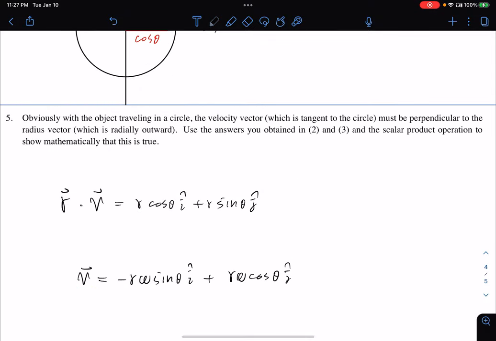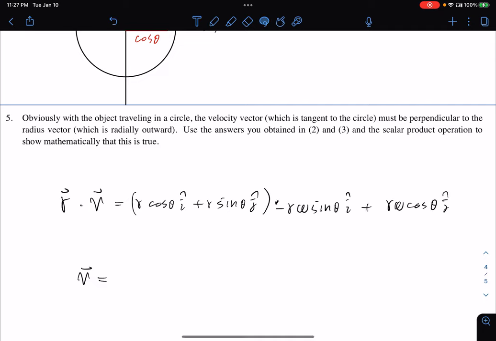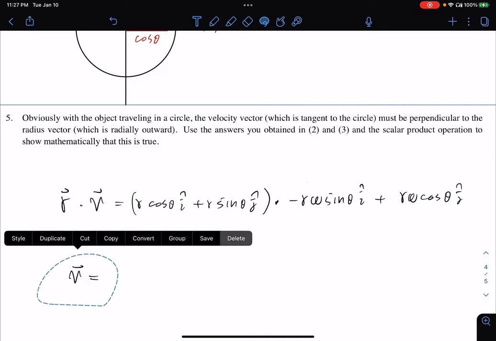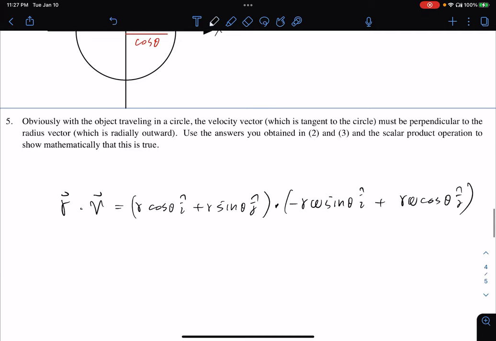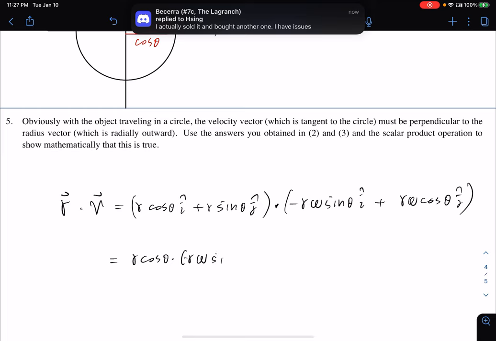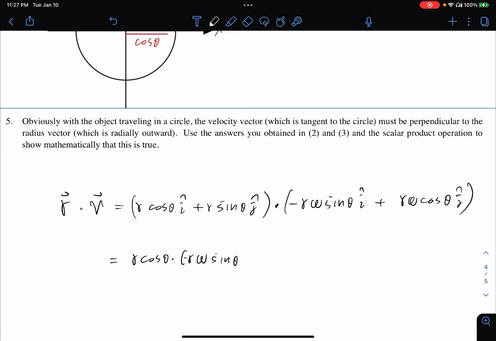So we are going to dot this vector with this vector. When we compute the dot product, we multiply the i components together. In this case, it's going to be r cosine times minus r omega sine. And then we can add r sine times r omega cosine.